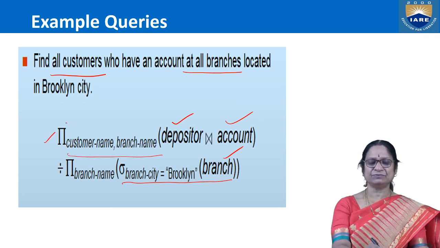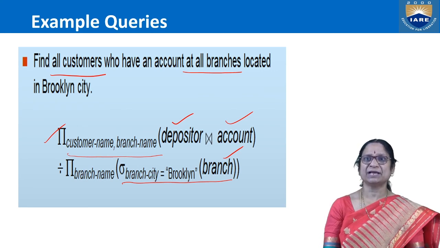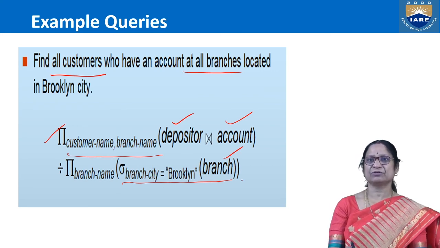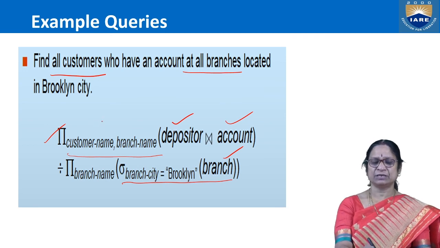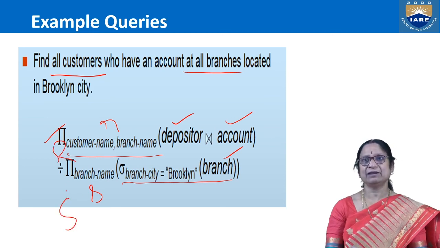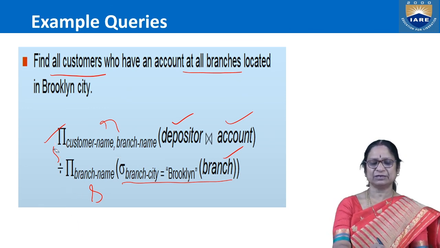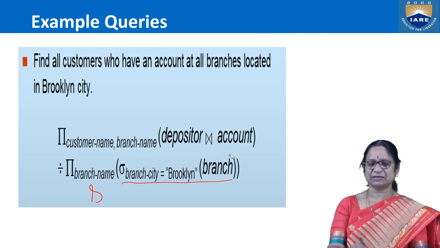So we are using a division operation: pi of customer name, branch name divided by pi of branch name of this relation. Here I have the R relation, here we have the S relation, schema capital R and schema S. S is contained in R, yes, the branch name is contained in R. So the division operation automatically gives the results.